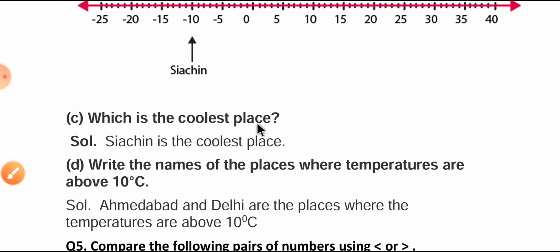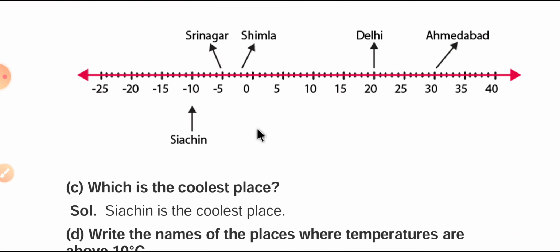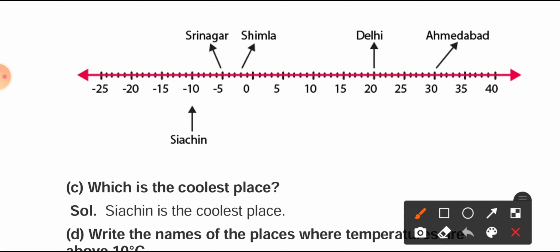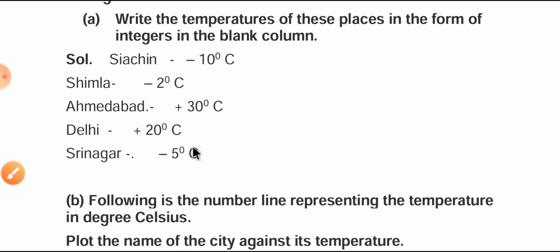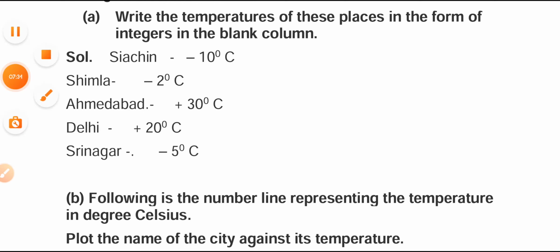Then which is the coolest place? Here, coolest place means the city with the lowest temperature. In which city is the lowest temperature? And we know that from plus and minus numbers, positive numbers are always greater than negative numbers.